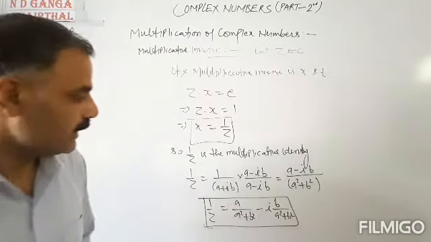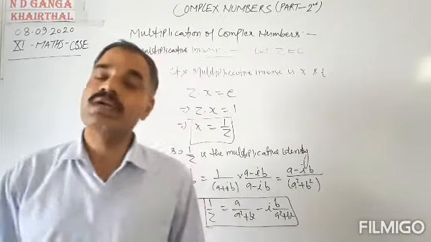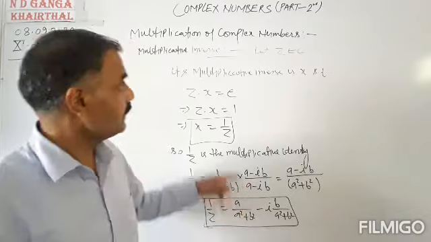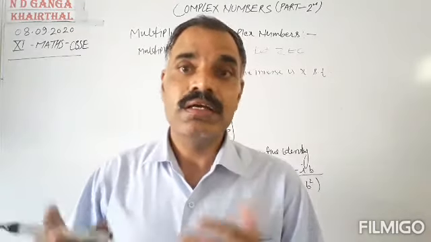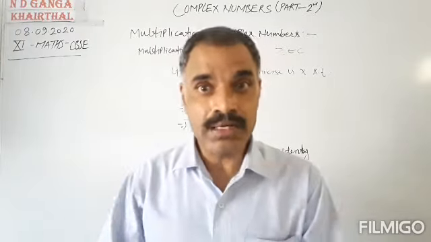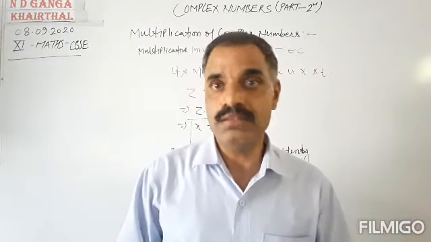So 1 upon Z equals A upon A square plus B square minus iota B upon A square plus B square. This is the multiplicative inverse, a very important concept in the multiplication of complex numbers, that is to find the multiplicative inverse of the given complex number.